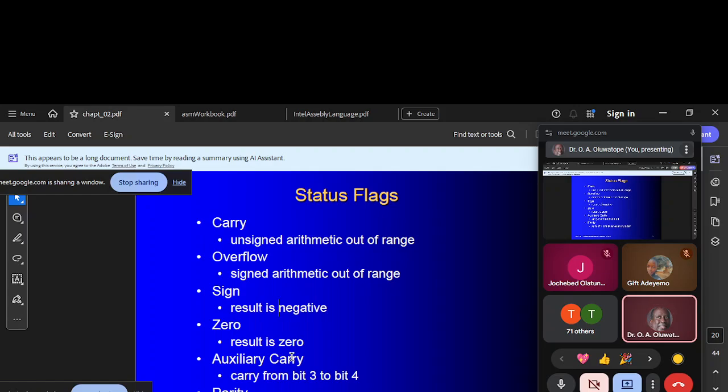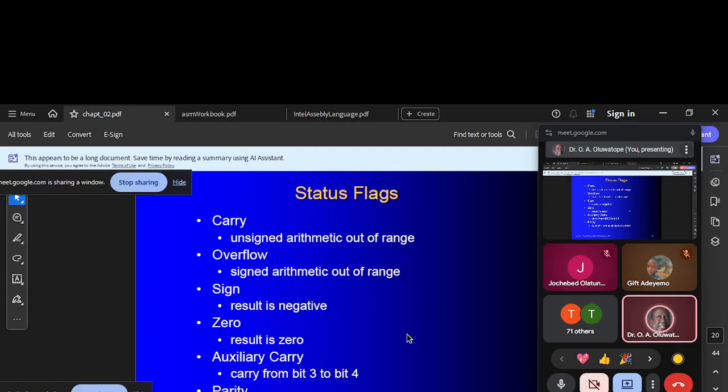Parity: the number of 1 bits, whether it is even or odd, depending on the setting, there is a signal to represent that. So all of these form the content of the status flag, which simply means describing the state of the activity that is currently being performed or has just been performed.